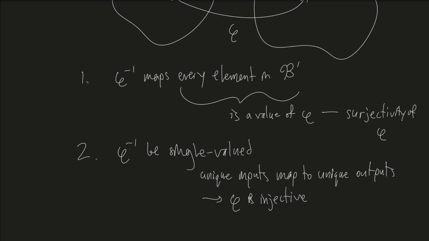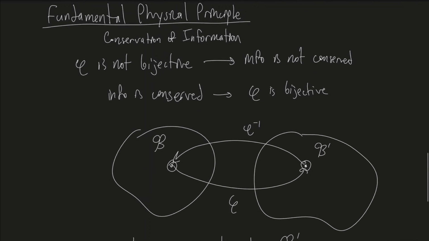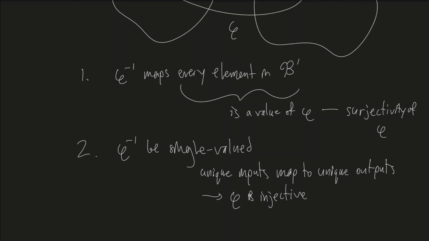Okay, so overall, what we've done is link bijectivity to conservation of information. We also linked conservation of information to invertibility. And now we've linked invertibility to bijectivity, because we see that each principle of well-definedness for the inverse map exactly corresponds to either the surjectivity or injectivity of phi. All right? So our main conclusion from this video is that phi inverse exists.